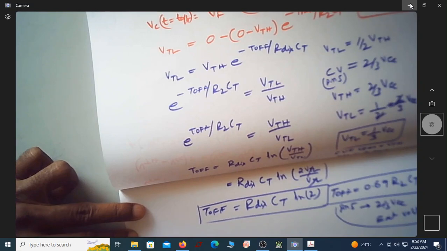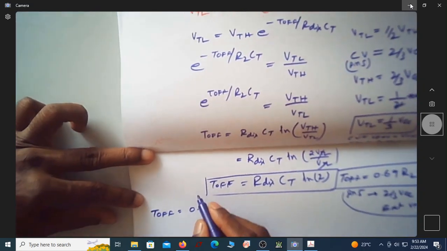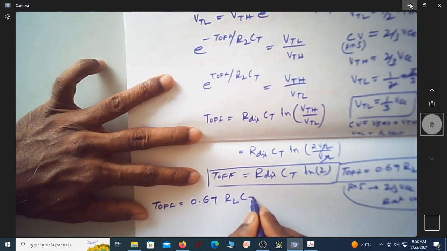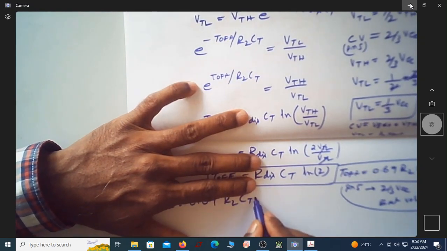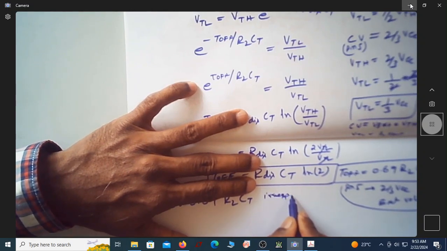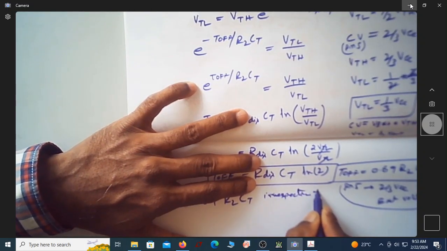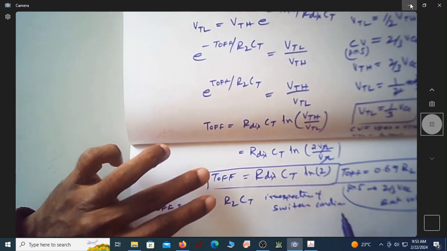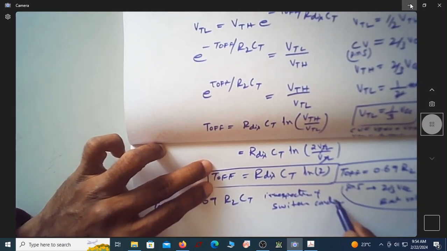T off is always 0.69 R2 CT irrespective of the switch position.